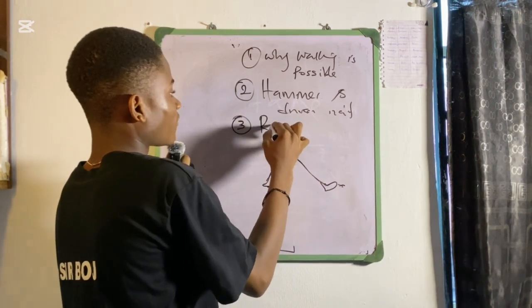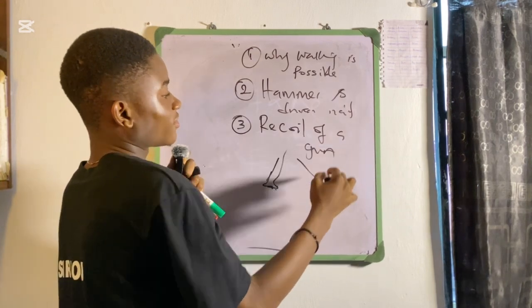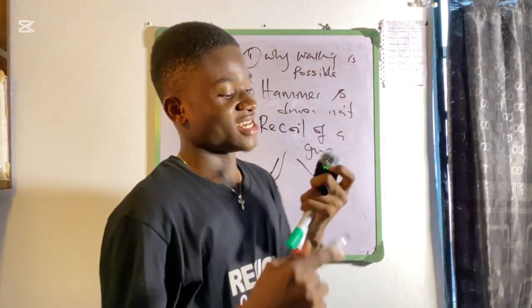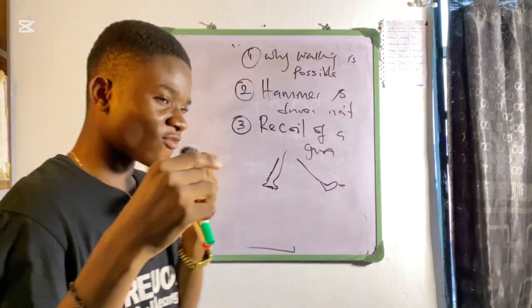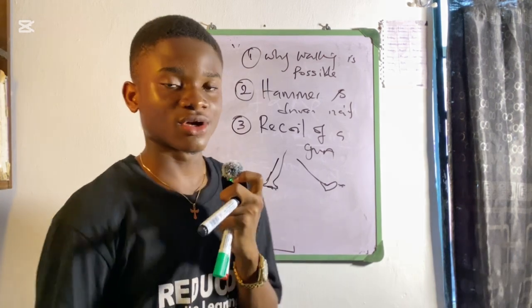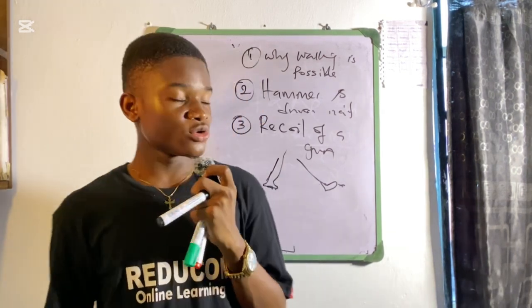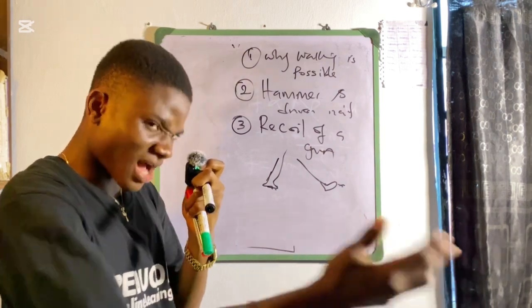So third, we have the recoil of a gun. How many of you have shot a gun before? So you're going to see that we pull the trigger. Pulling the trigger provides a force that sends the bullet out of the gun. So you hear another sound, the recoil, which provides a backward force.